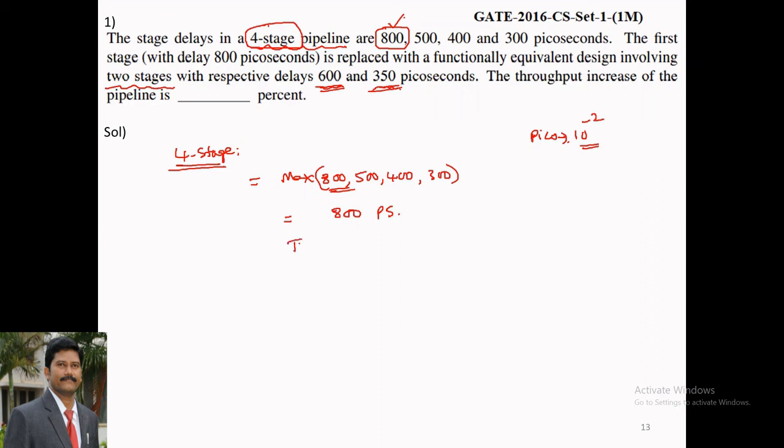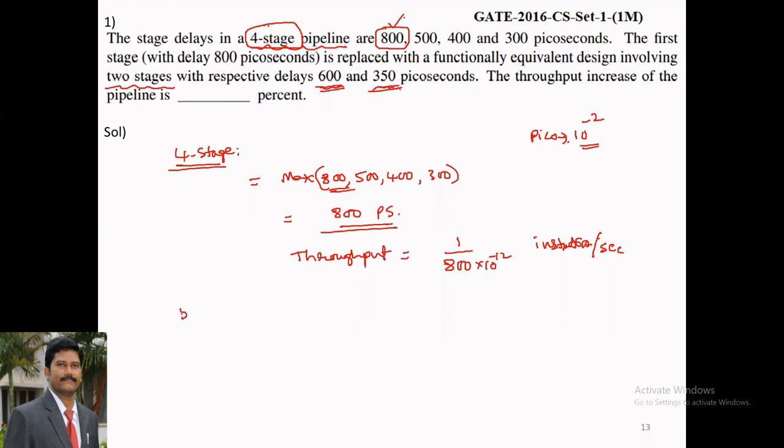Now what is the throughput here? 1 by 800 into 10 power minus 12 instructions per second. That means if the time to execute one instruction is 800 picoseconds, then the throughput equals 1 by 800 into 10 power minus 12 instructions per second.